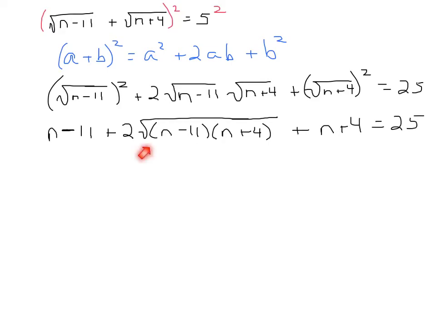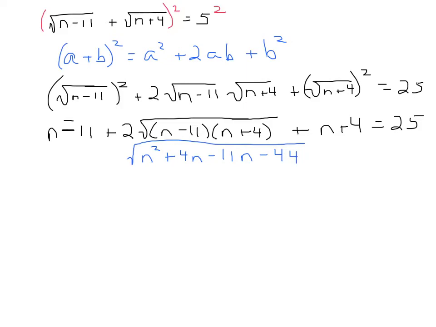So now our task is to multiply out what's inside. First is n squared, then outer is plus 4n, inner is minus 11n, and last is minus 44. And all of that is under a radical. To simplify that by combining the middle two terms, 4n minus 11n is negative 7n.